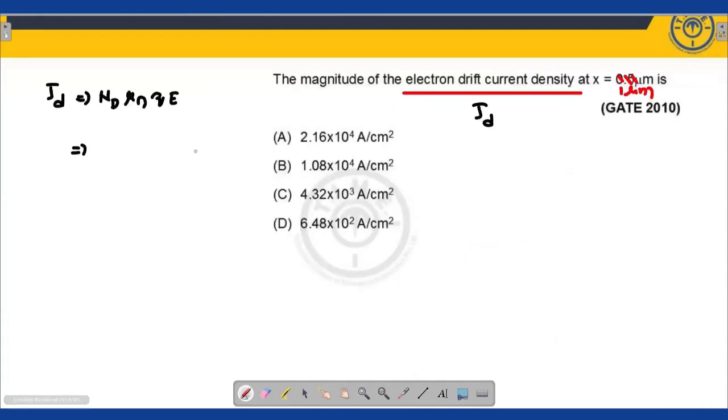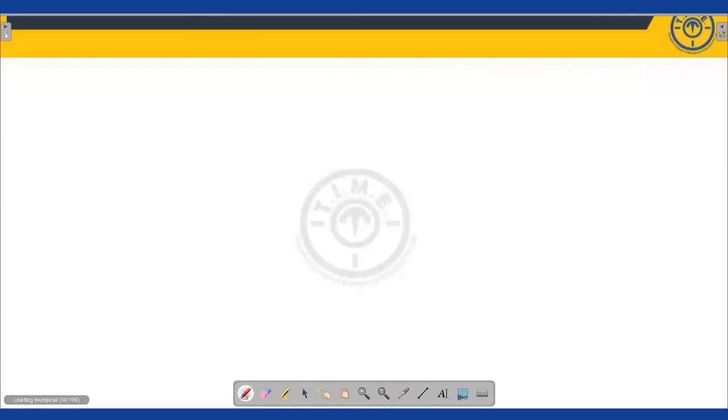Now substitute here, what are the values? ND equal to 10 power 16 into mu N, which is equal to 1350, all are in centimeter square only, into charge of the electron 1.6 into 10 power minus 19. Okay, ND is there. Here mu N I have taken, Q I have taken. And electric field, now only you got it. The electric field value you are getting, see here.